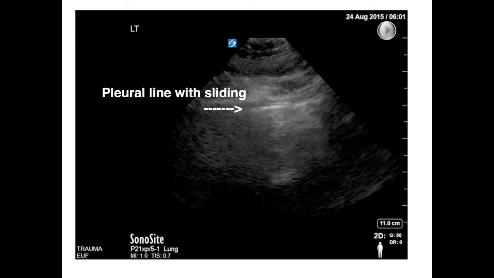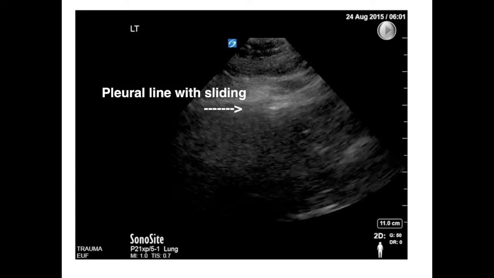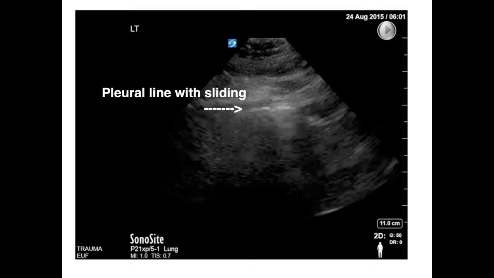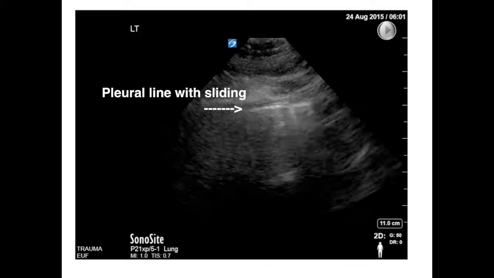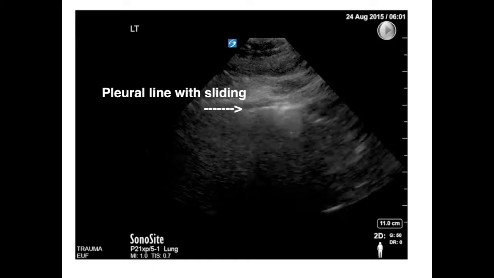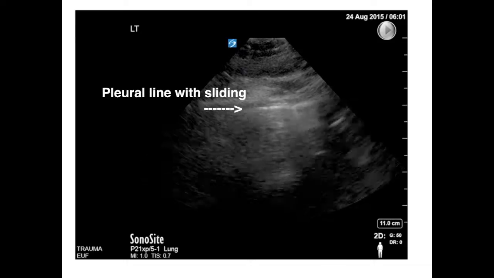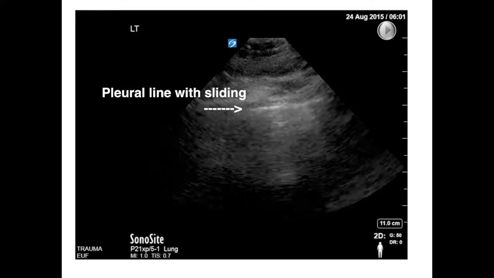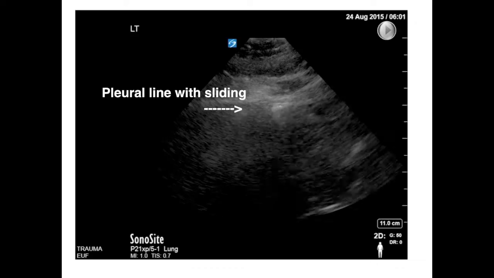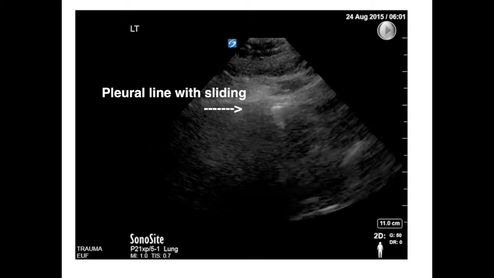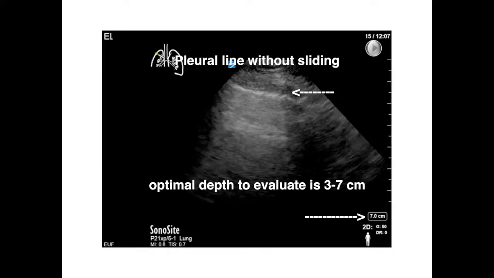The pleural line is a bright line between the thoracic wall and the aerated lung tissue beneath. It's usually the first bright white line you see 1 to 1.5 centimeters below the rib shadows. Please review the didactic lectures in the basic lung module if you are confused on this aspect.